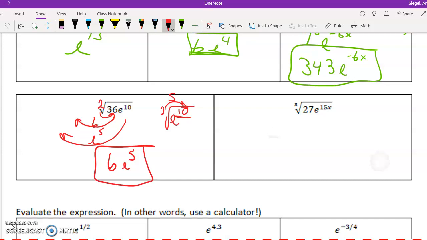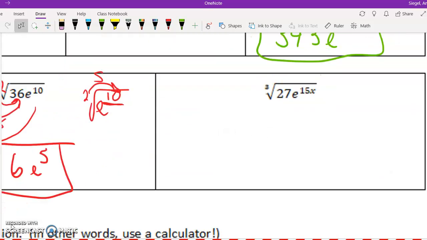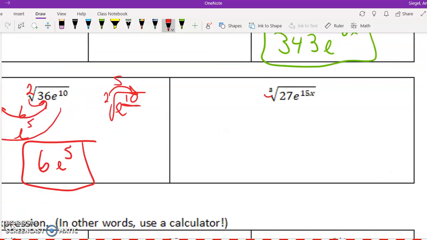Okay, over here for this problem, this is a cubed root. So what is the cubed root of 27? Well, I know that 3 times 3 times 3 is 27. So the cubed root of 27 is 3. And then I'm going to ask myself, just like over here, I did 10 divided by 2.